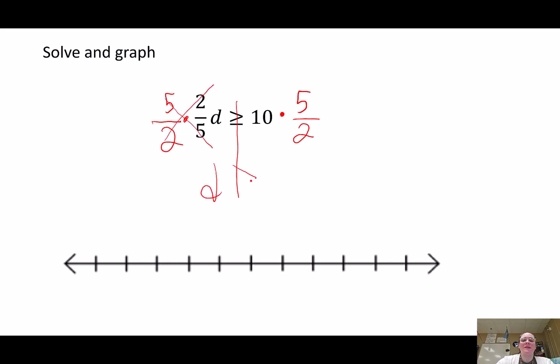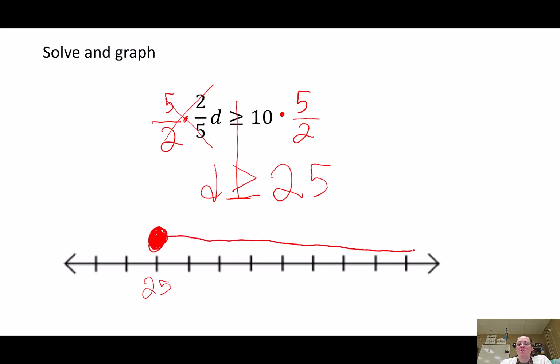So I get d is greater than or equal to 10 times 5 is 50, and 50 divided by 2 is 25. So d is greater than or equal to 25. So on my number line, I'm going to put 25. We're having a filled in circle because it's greater than or equal to. And since it's greater than, I'm shading to the right.